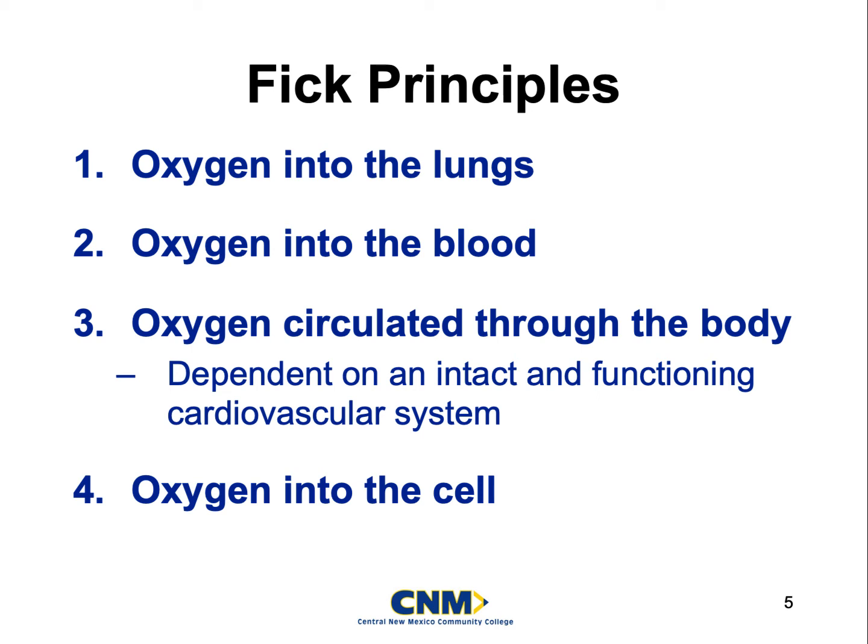Now perfusion is oxygen exchange at the cellular level. And in order to have good perfusion, we need an adequate amount of pressure in our body. Our heart, also known as our pump, needs to work. Our pipes need to be the right size.